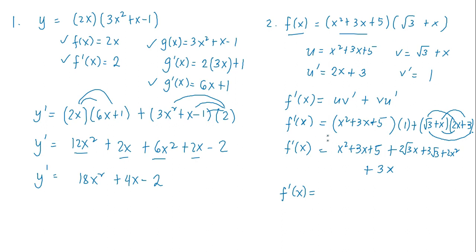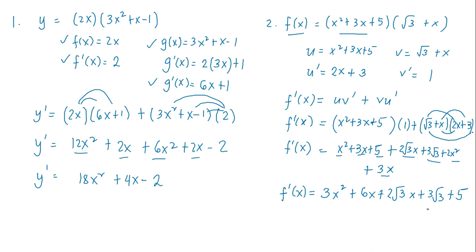So unahin natin yung merong x squared. So x squared plus 2x squared is 3x squared. Okay? Next, 3x plus 3x is equal to 6x. And then we have 2 square root of 3x plus 3 square root of 3, and then we have 5.